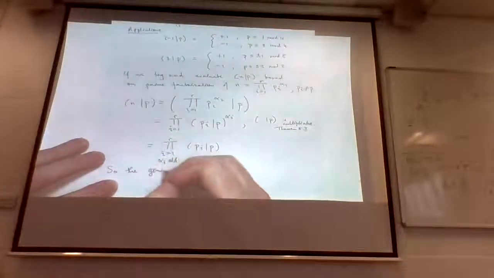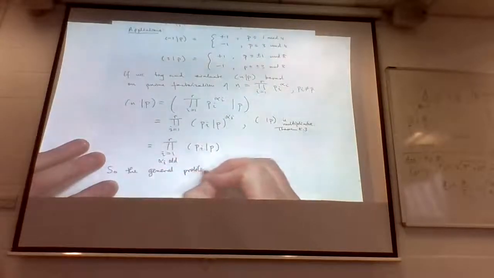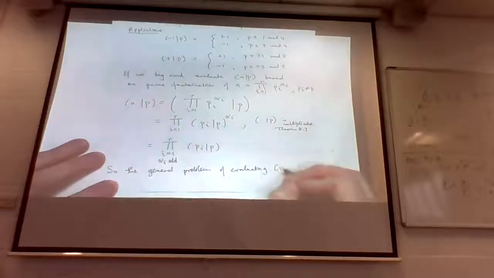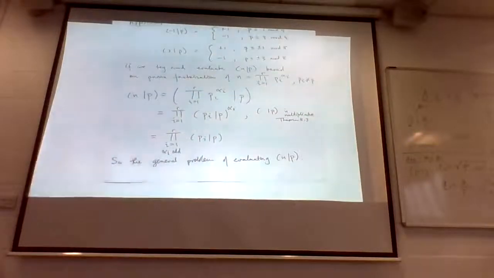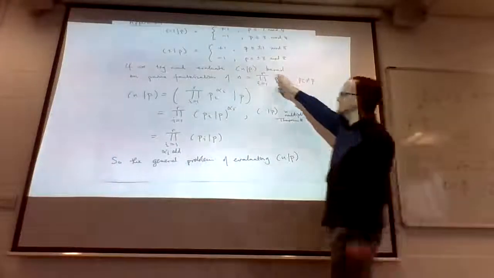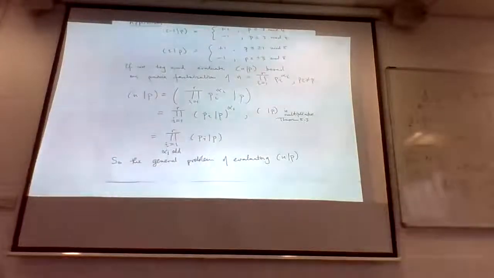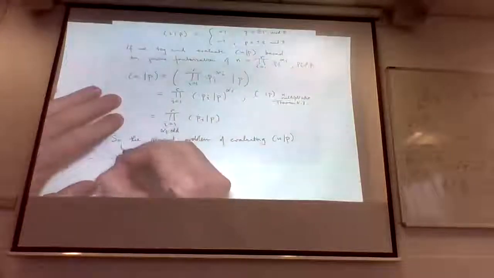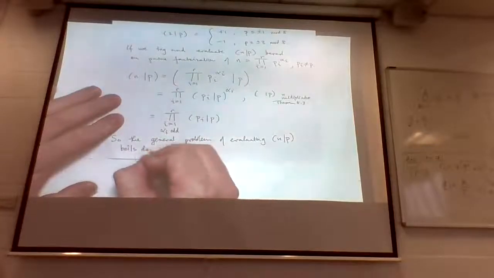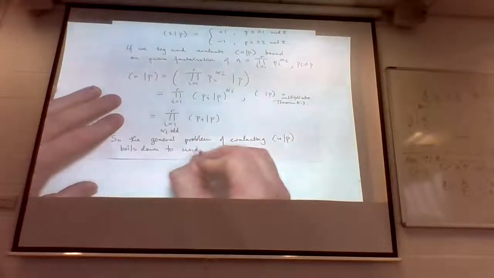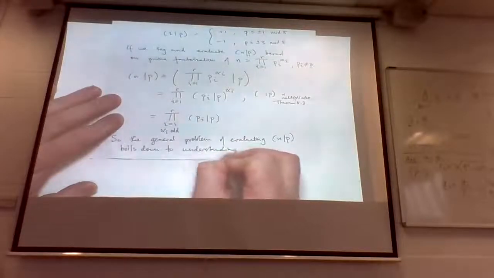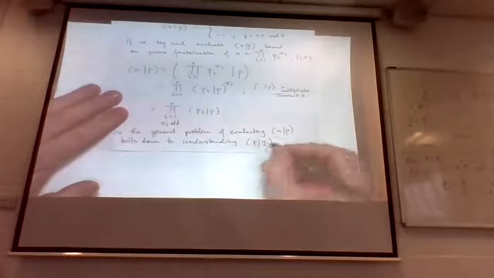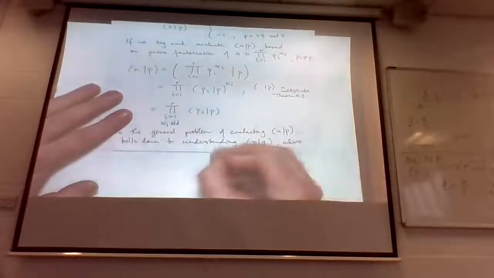The general problem of evaluating (n/p), provided you have the prime factorization of n, which theoretically we do, boils down to understanding, well, let's just adopt this notation, (p/q) now, where p and q are both primes.